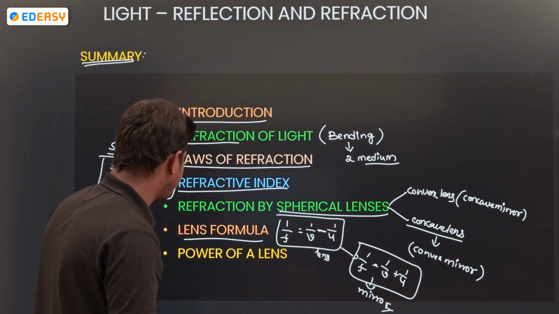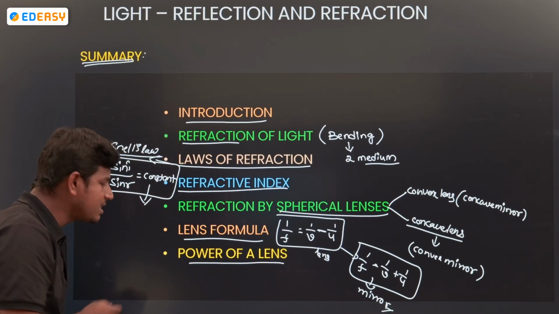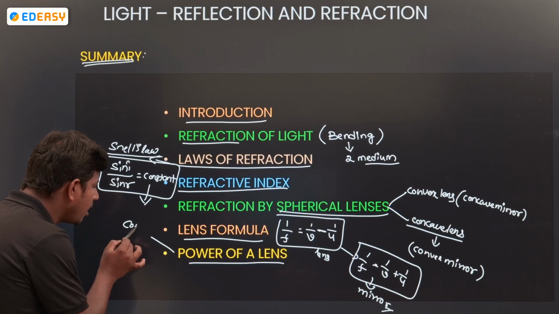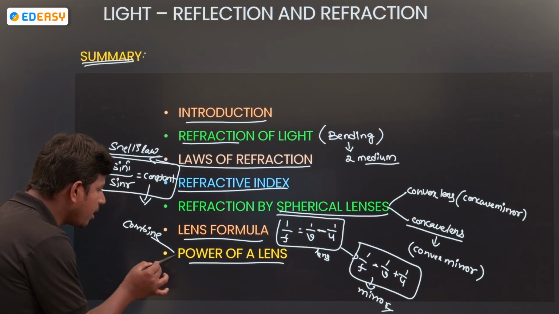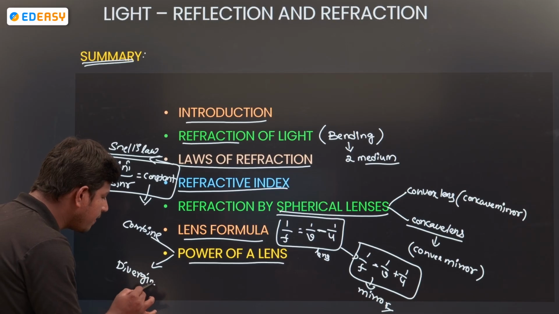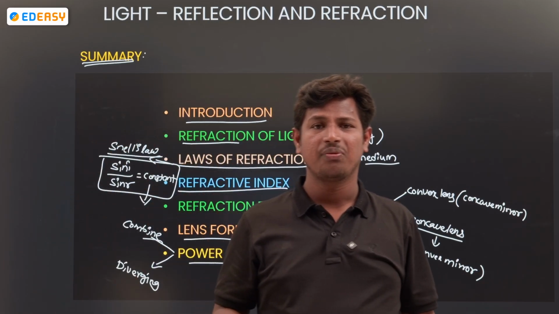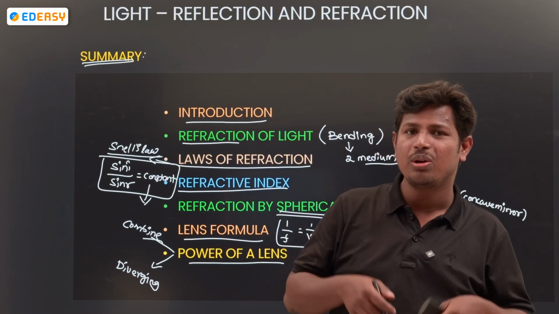Next, power of the lens. What is the power of the lens? Combining power and diverging power. If two friends fight, what will you do? Combine them.